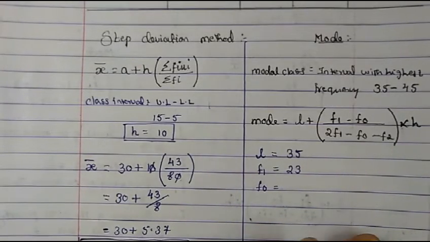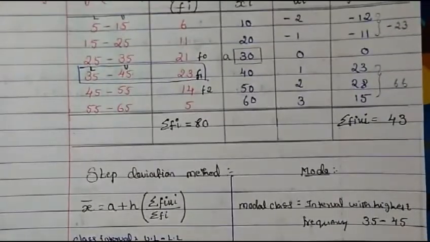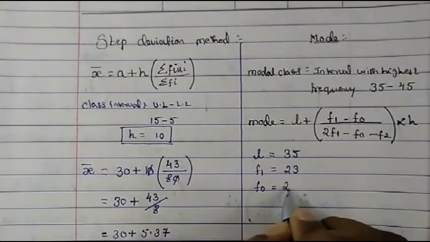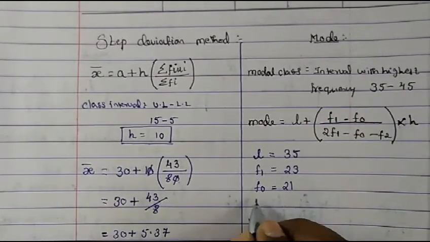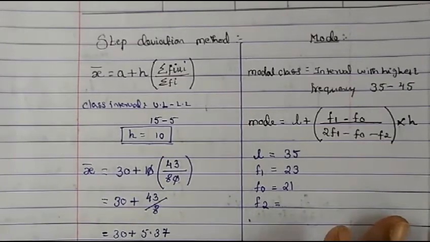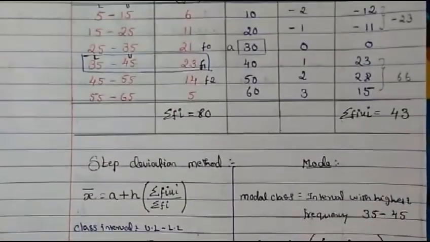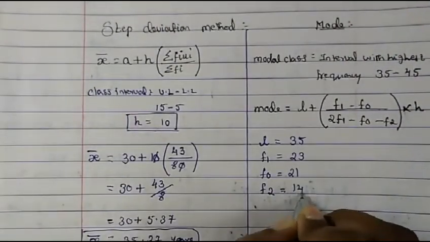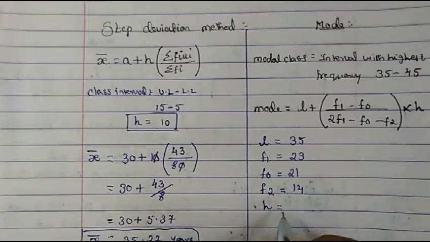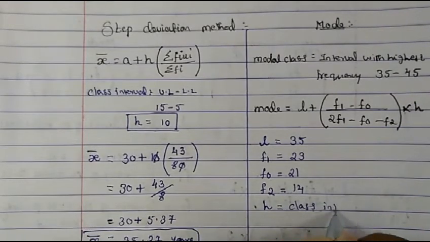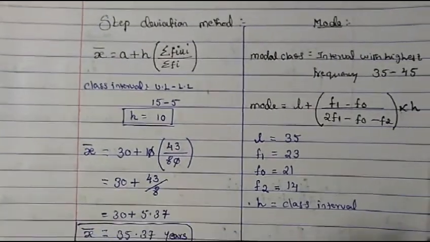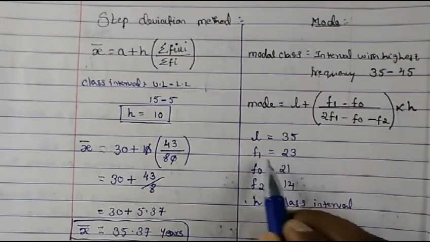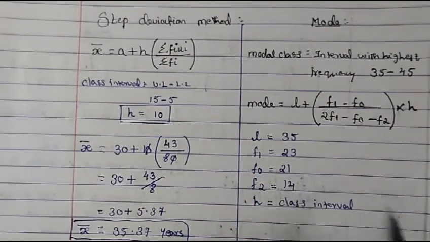Frequency of class before modal class or preceding the modal class. So that is F0, 21. And then F2 is succeeding the modal class. So F2 is 14. Then H is class interval. Okay, I have written only the value, but you have to write the explanation of this. L means what, F1 means, F2, F0 means what, all that you have to write down.